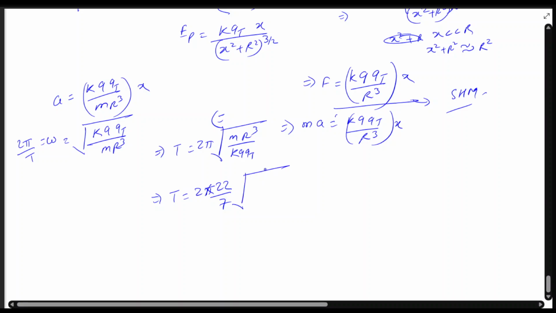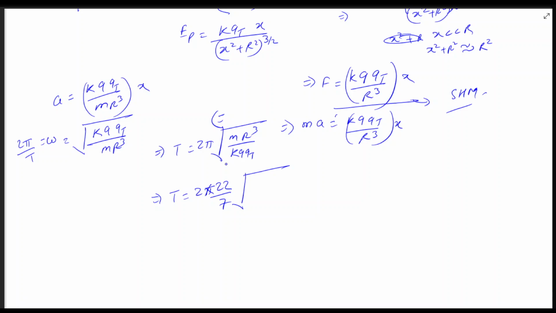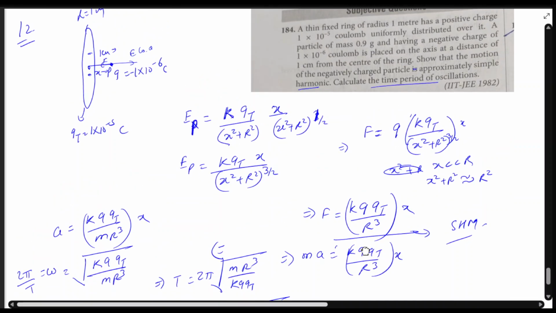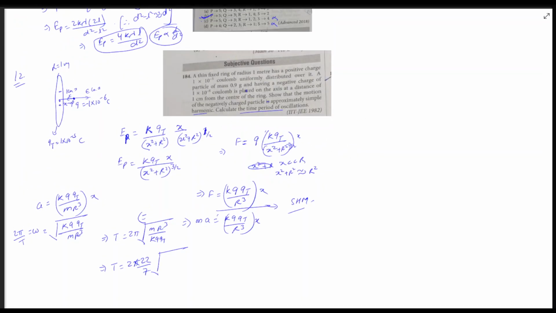So m is how much? m is 0.9 grams. So it will be 0.9 into 10 raised to power minus 3, and r cube is simple 1 meter, so 1 divided by k.